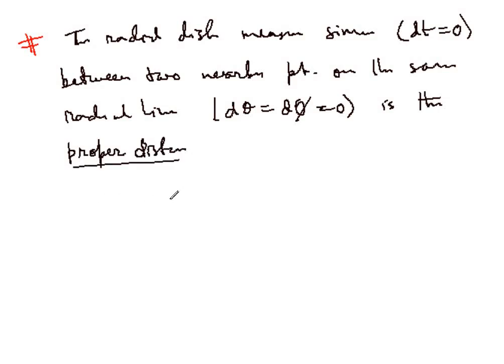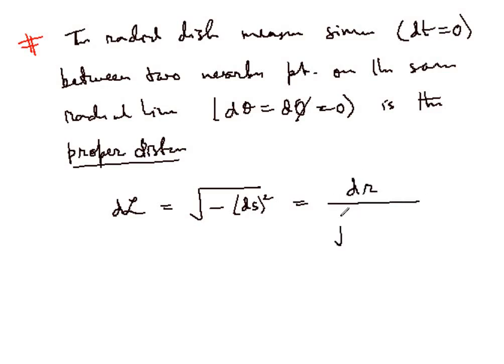Right? Now we denote it in a different way. So it is like this. This is our proper distance, and the value is dr divided by the square root of 1 minus 2GM by r c square. Now I am doing this because we will need this concept. So thus you see the spatial distance.